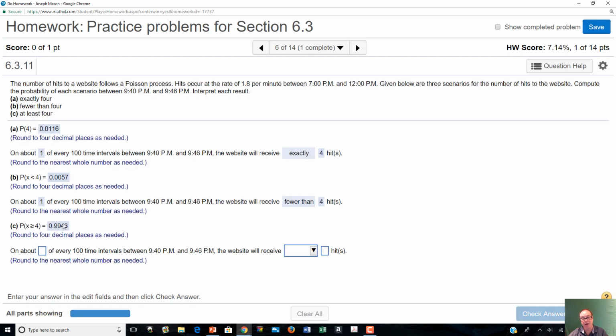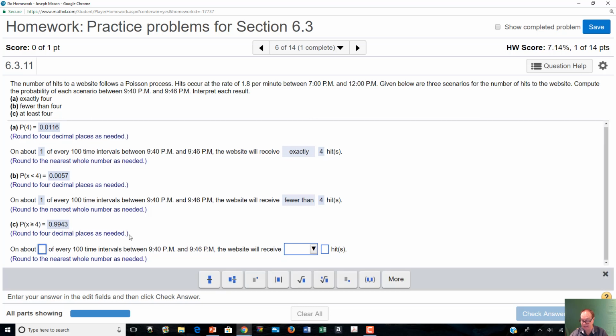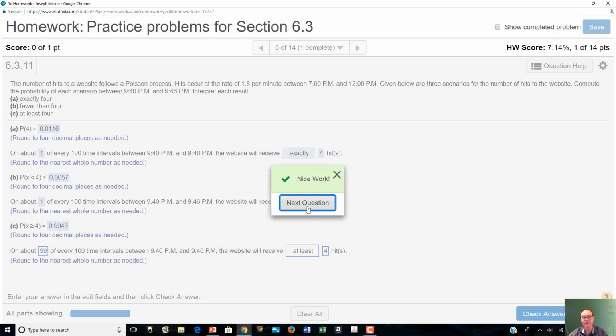And now if I take 100 times this, I'm going to get 99.43. So this is going to be 99 when I round it off to the nearest whole number. And what was the question? At least 4. So it's going to be at least 4. Check your answer. Okay? And that's another type of question that you could run into.